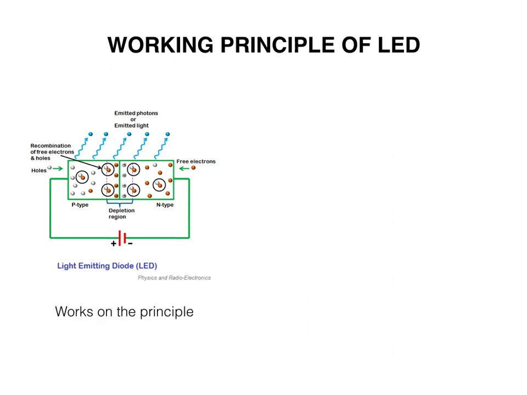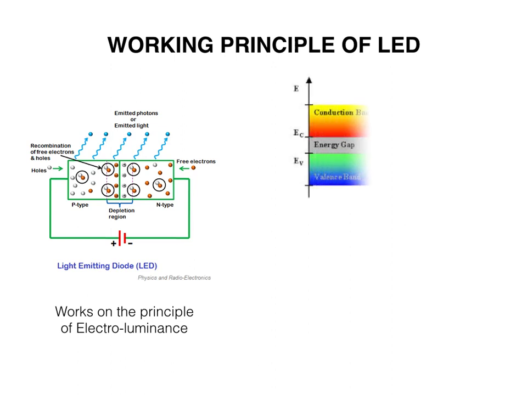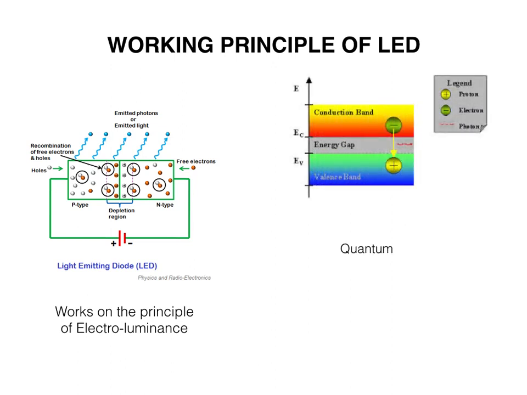It works on the principle of electroluminescence, which is the property of semiconductor material which converts electrical energy into light energy. It can be further explained by the energy gap band diagram based on quantum theory.